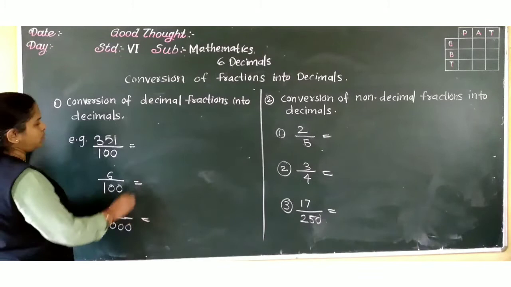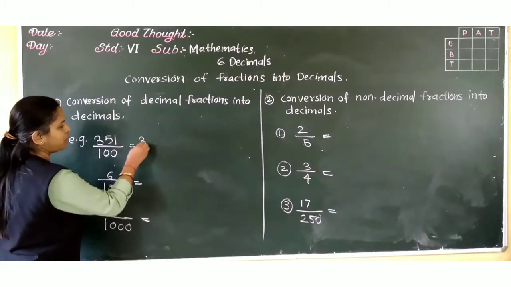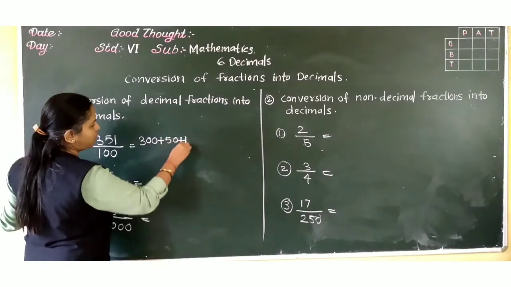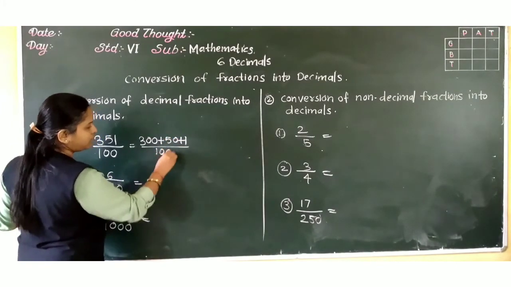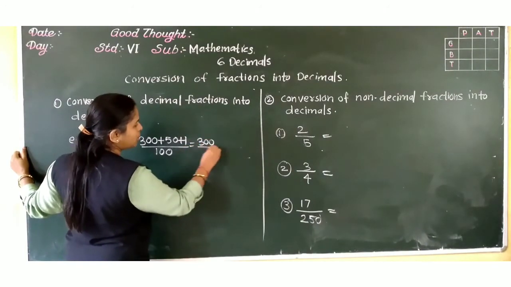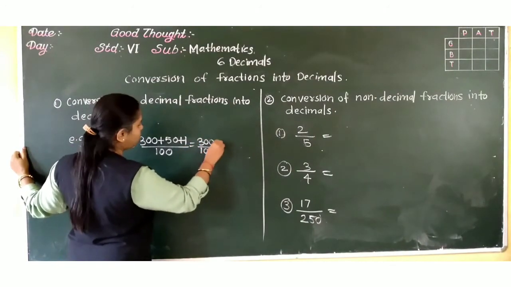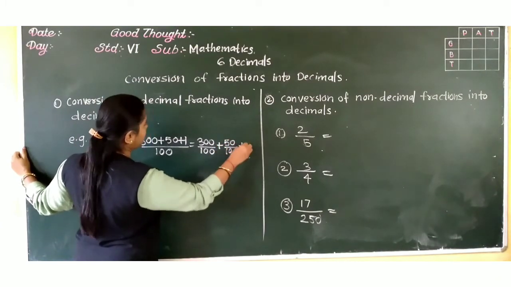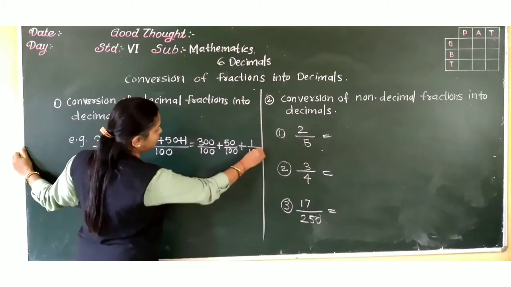Okay. Now how? This 351 upon 100. Correct? So how to write it? Separately, 300 upon 100 plus 50 upon 100 plus 1 upon 100. Correct?